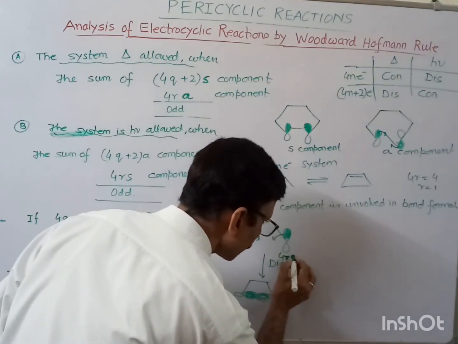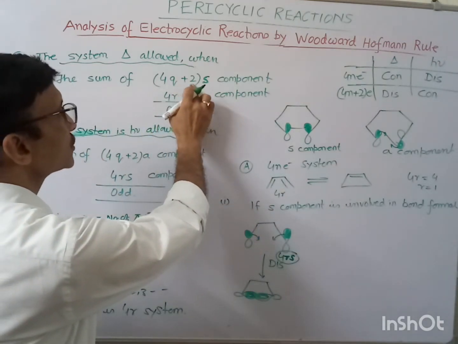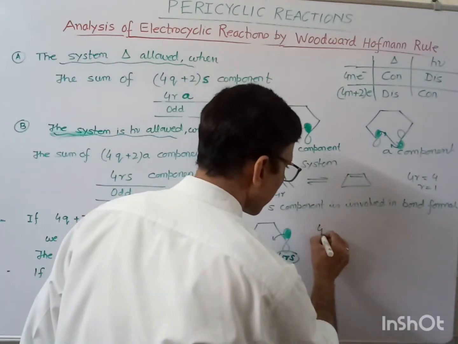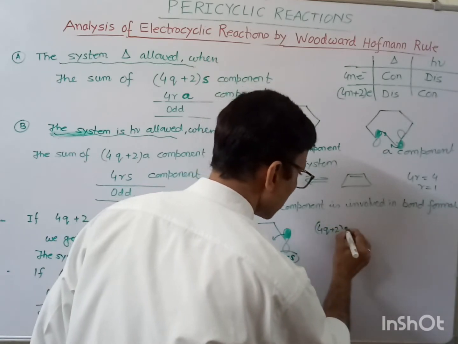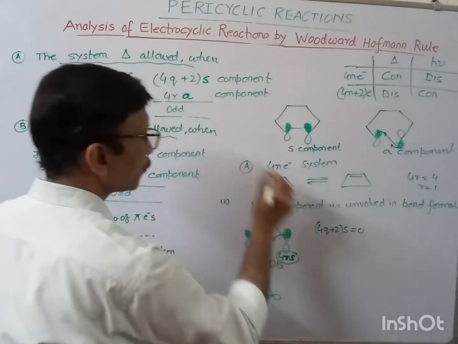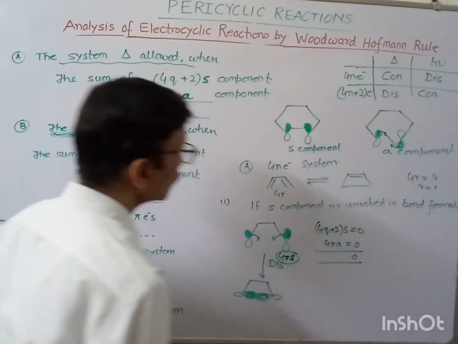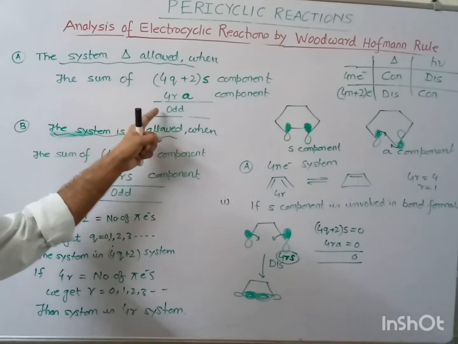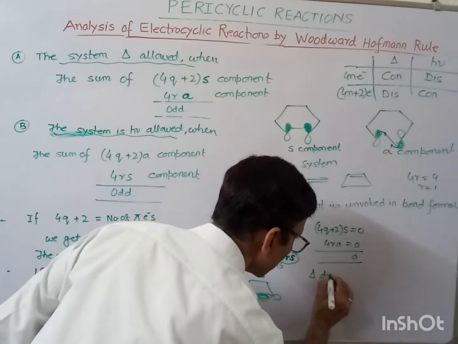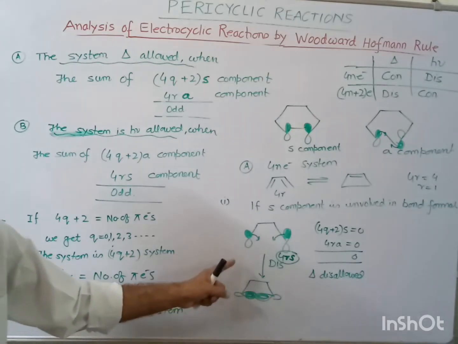It means for the 4Q plus 2 system, 4Q plus 2S is 0, because this is 4RS. In the same way, 4RA is also 0. So it is not coming out to be odd, so that's why it is thermally disallowed. This rotation here is thermally disallowed.